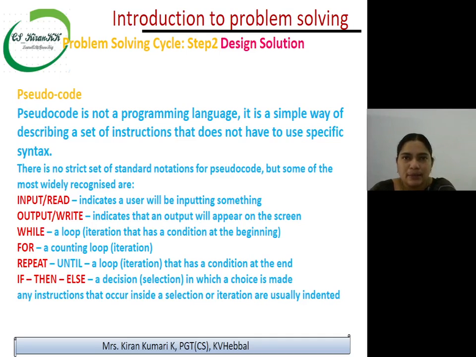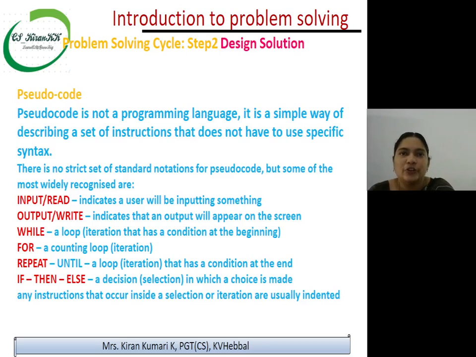Whenever there is a repeated loop where the condition is given at the start itself, we use while. If you want a counter, like counting loop iterations, we go for loop, for. If you want to go until a condition is satisfied, we use repeat, and the condition is checked when going out of the loop.